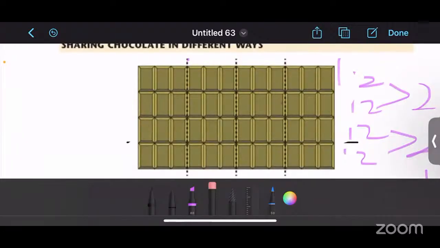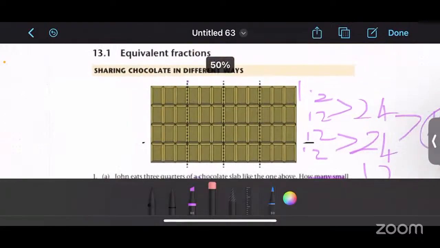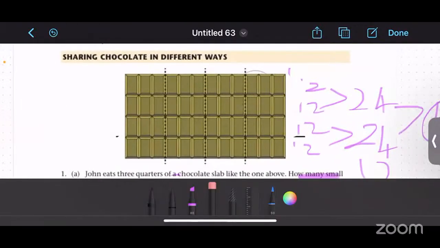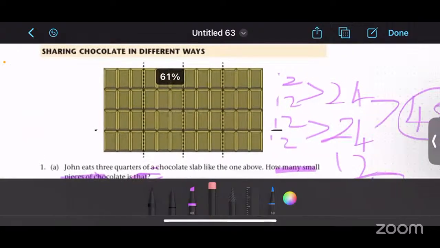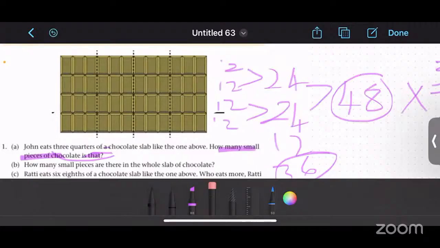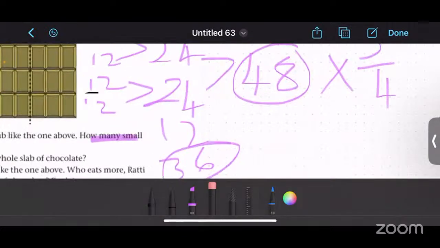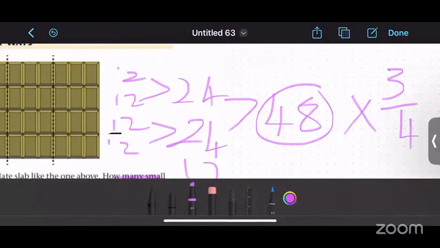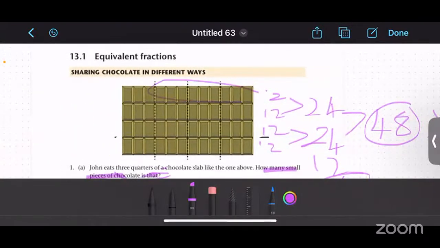No, ma'am. Okay, what is it that you didn't understand? Which part? Ma'am, this part I understand, but for you to get the answer, I didn't understand how you got the answer. So the 12, you're saying you understand because it's the number of pieces per row. It's all the pieces, so we added all the 12s together. I just calculated it myself. That's why you're seeing 24, 24. So 24 is from 12 plus 12.